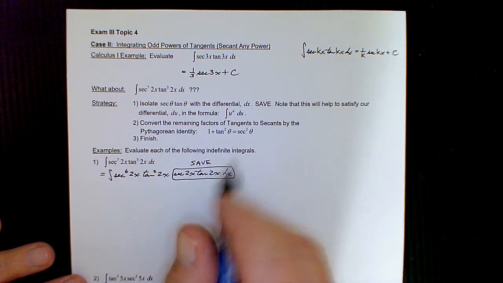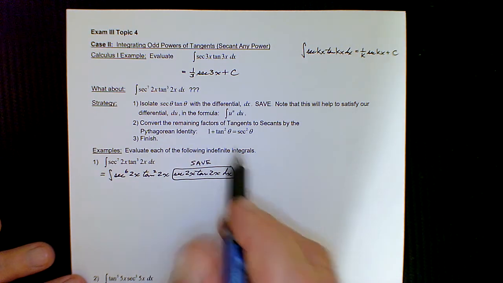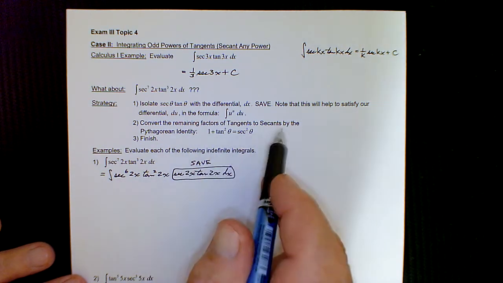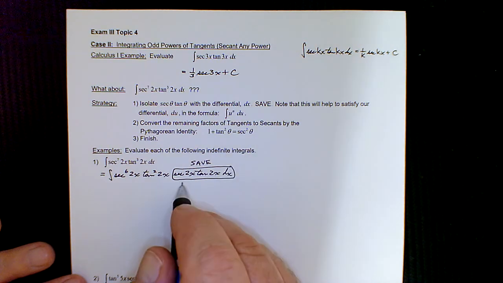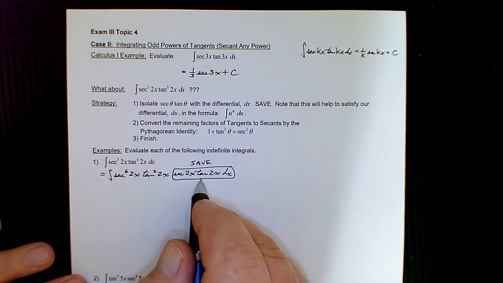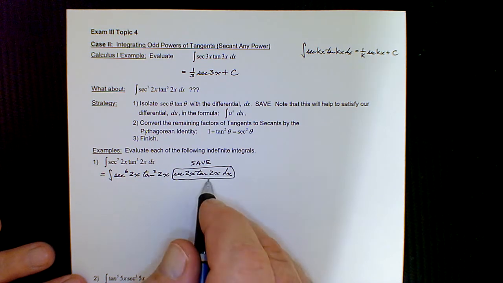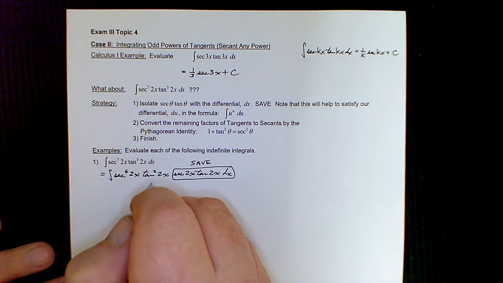So at this point, you can look back at the cookbook recipe, and it says convert the tangents to secants by our identity. But the logical question you can ask would be, if our intent is for secant tangent to be the du in the formula for the integral of v to the n with respect to u, then whose derivative is secant tangent? And that, of course, is secant.